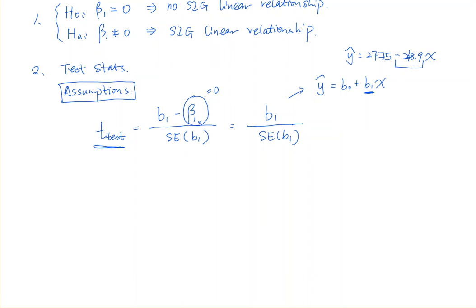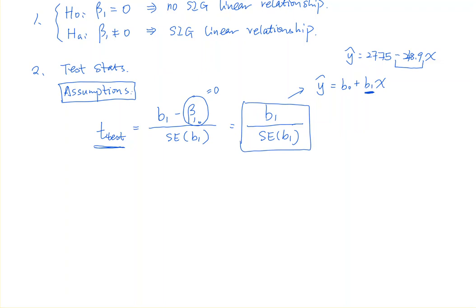But the special thing here is we are testing about 0, right? That means this term will be just a 0. So the t-test statistic will just change to the formula of b1 divided by the standard error of b1.